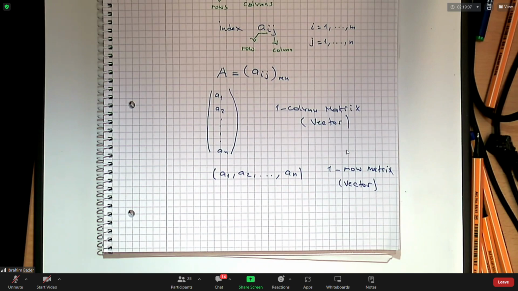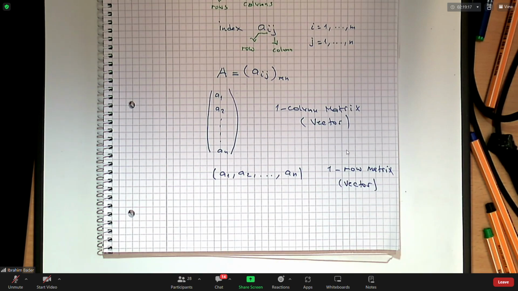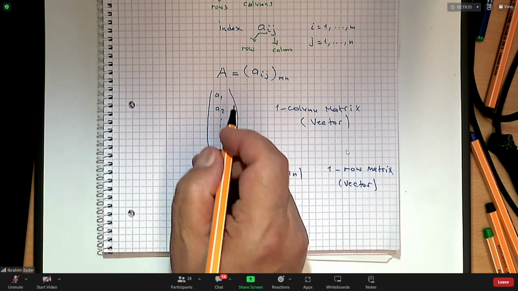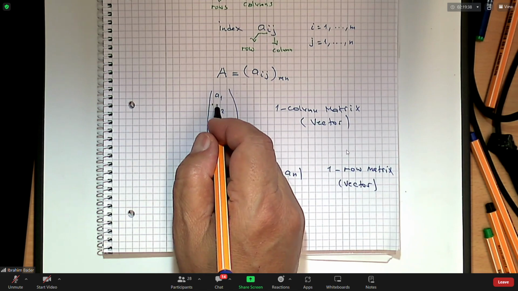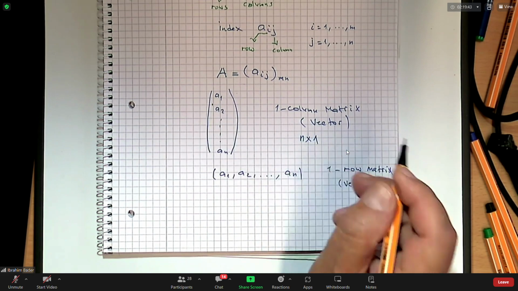Now, who's going to tell me what is the dimension of the first matrix? Row, column. Is it n times 1 or 1 times n? It's an n times 1 matrix, right?